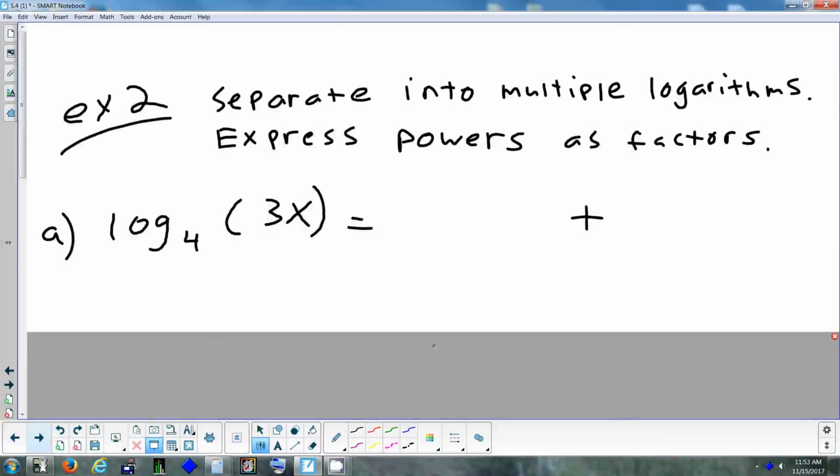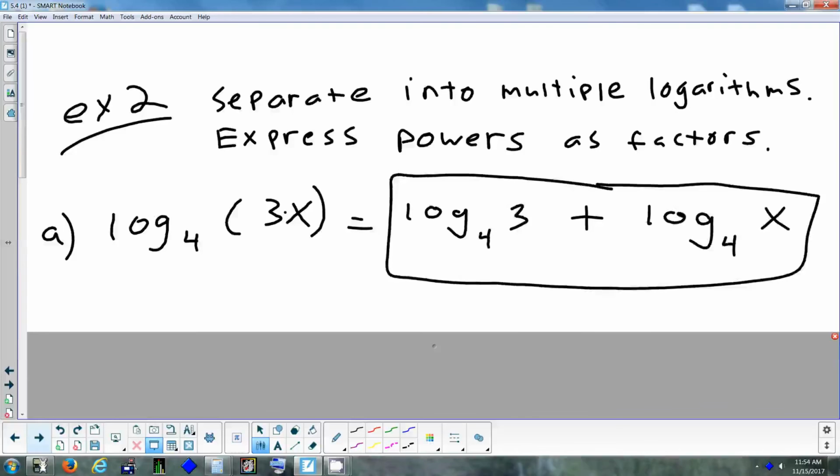We're going to have 2 logs because inside the parentheses we have 2 factors. What's going to be the base on each log? It's going to stay exactly the same as the original. What's the argument to my first log? Argument to my second log? X. And that's it.